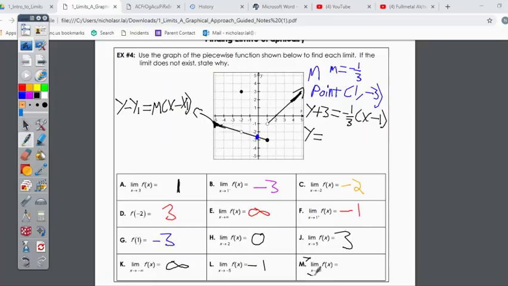And remember, we're looking at when x is approaching 0. So when x equals 0, y is going to be equal to 1/3 minus 3.